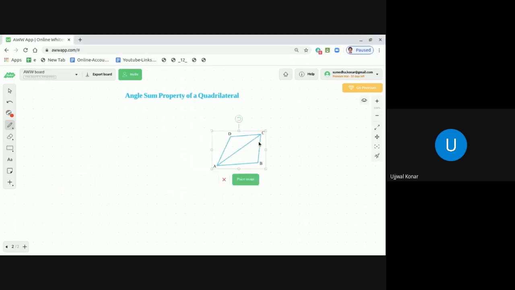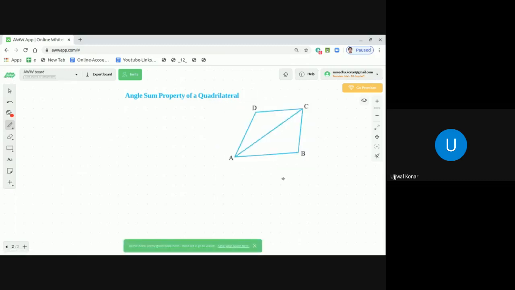So look into it. This is a quadrilateral ABCD. Now we are going to find the angle sum property of this quadrilateral. That means if we add up these 4 angles, A, B, C, and D, what are we going to get? The statement is that the sum of the angles of a quadrilateral is 360 degrees.